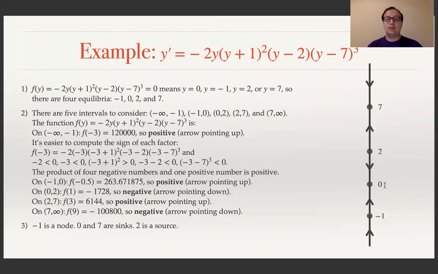Next, the next equilibrium point is 0. So both arrows in a neighborhood of 0 point towards 0. So there's the arrow that comes from -1 to 0, and there's the arrow that comes from 2 to 0. This means that 0 is a stable equilibrium or a sink.